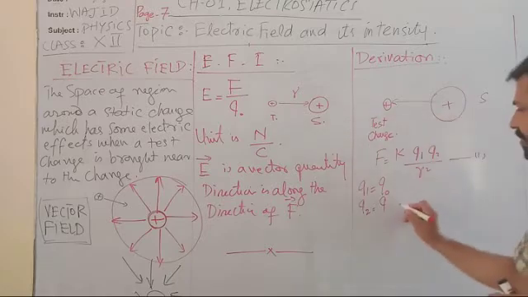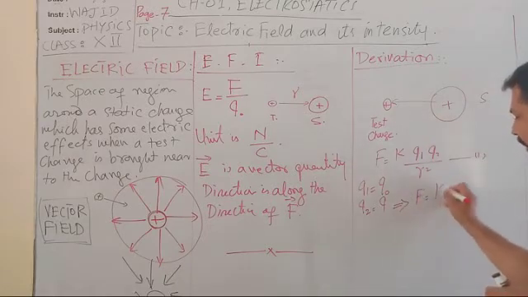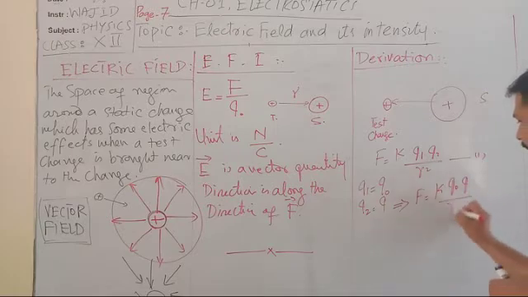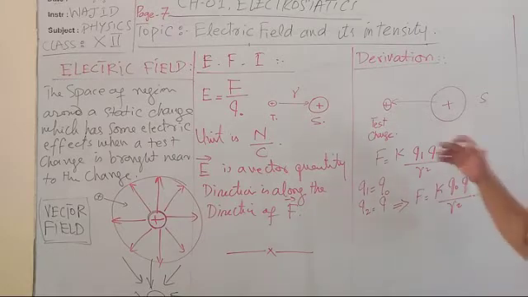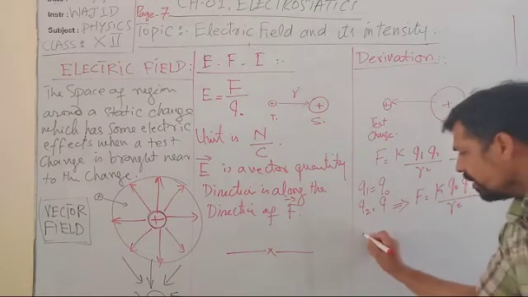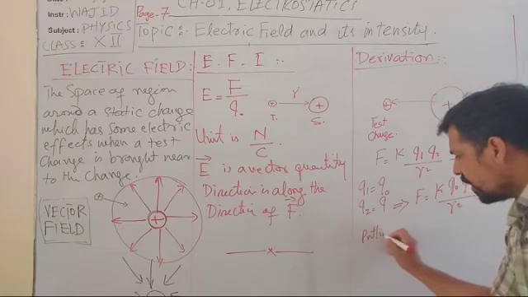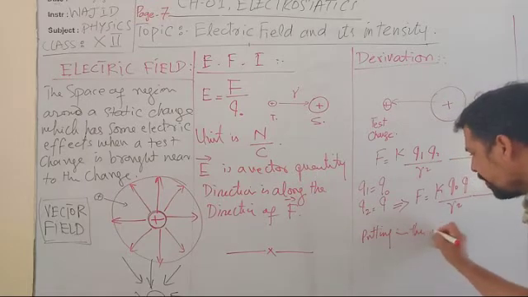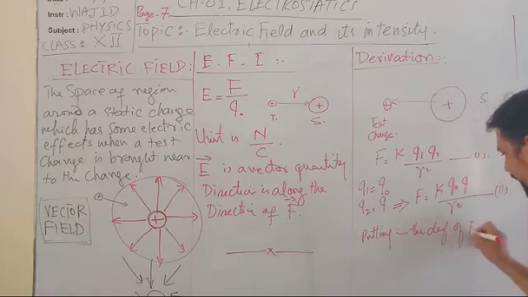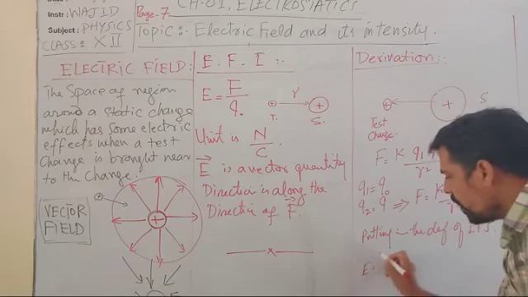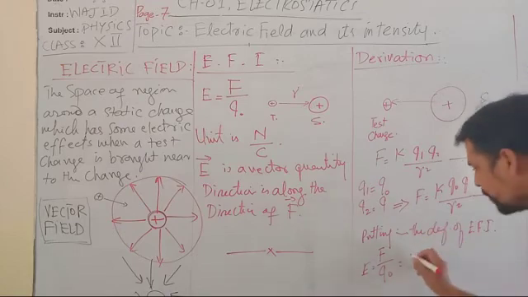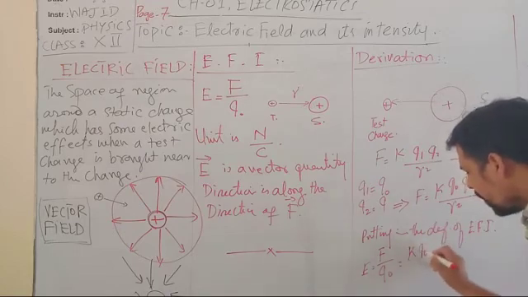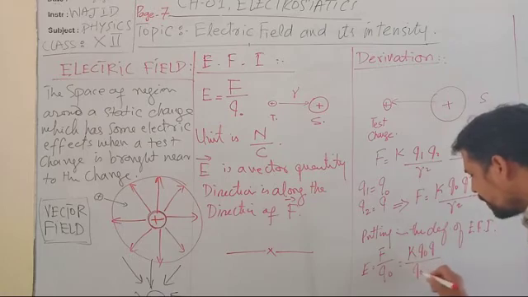So putting the values, we have F is equal to k q0 q divided by r square. This is equation number 2, which we have taken from equation number 1. Now putting this into the definition of electric field intensity, that is E is equal to F divided by q0, and putting the value of F in this equation, we have k q0 q divided by q0 r square.